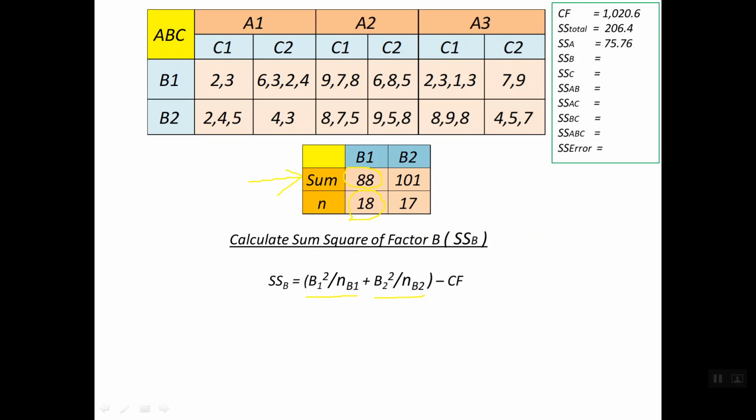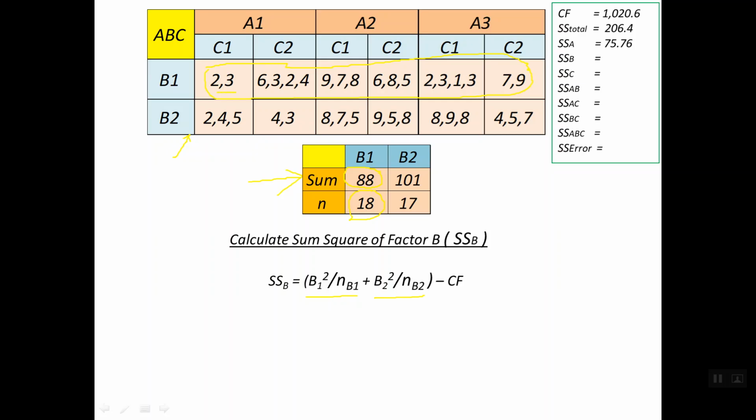How do we get these values? If we return to the main table above here, B1 represents simply all of this data. So if you make the summation of all of this data, you will get 88. And if you count the number of observations, you will find it to be 18.